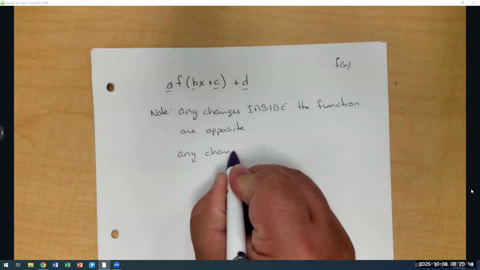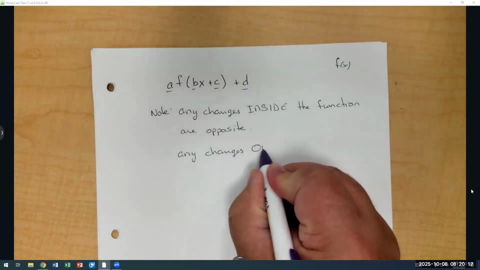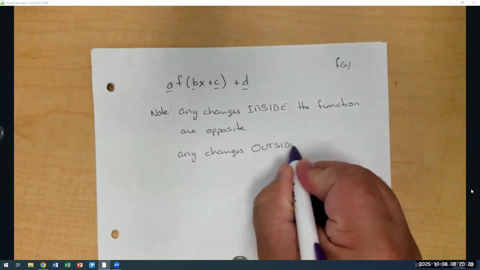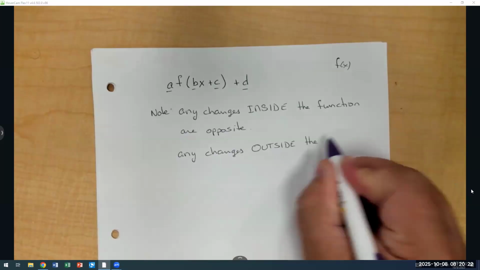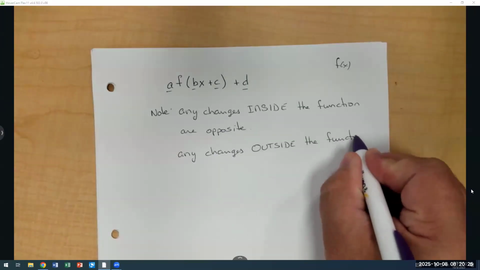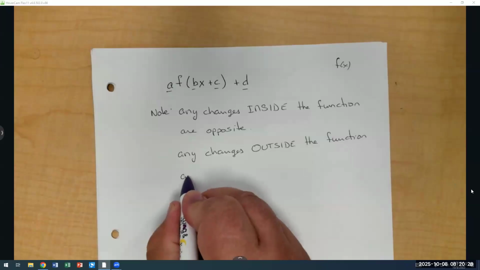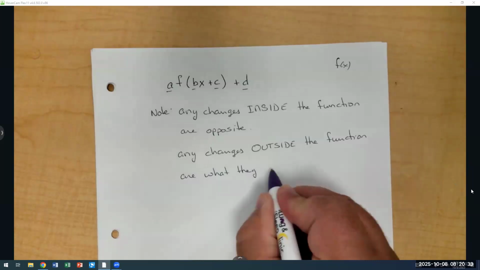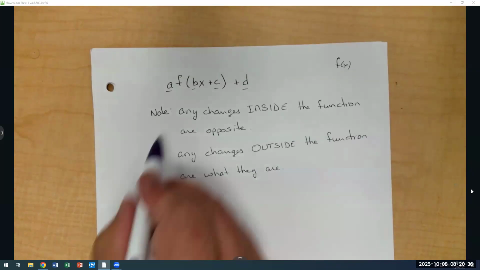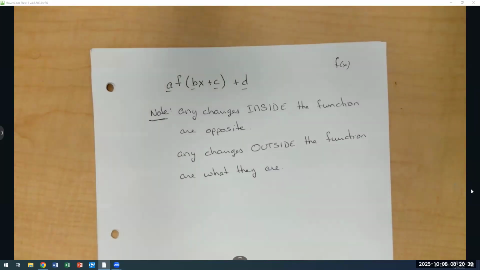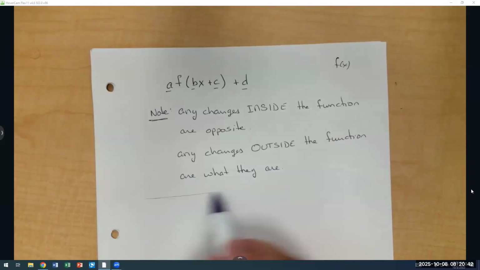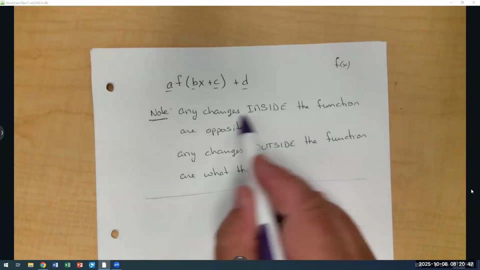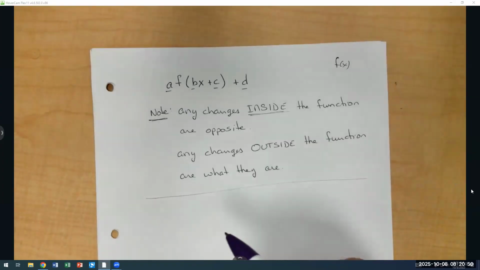Any changes outside the function are what they are. This will become more apparent as I show you the examples. But you have to remember this. Any changes that go inside the function are opposites.